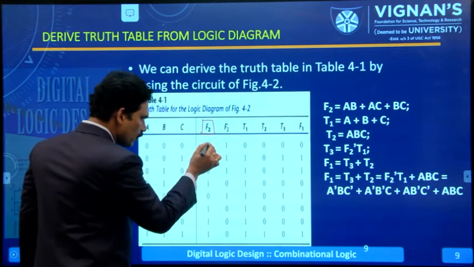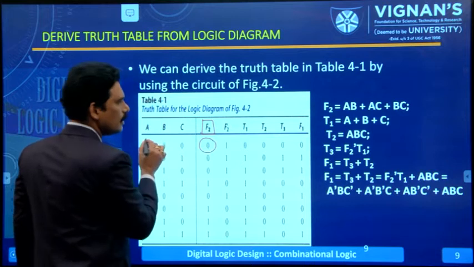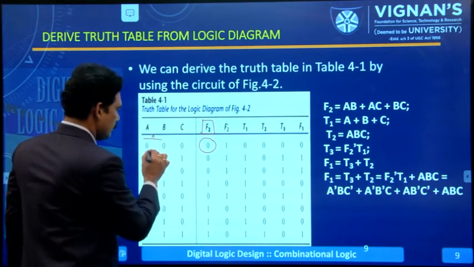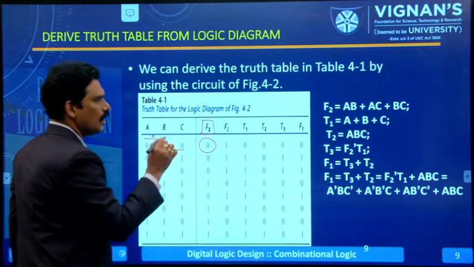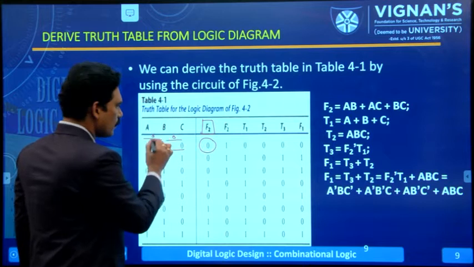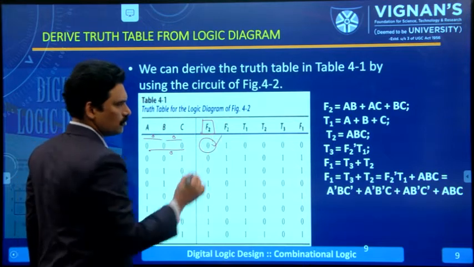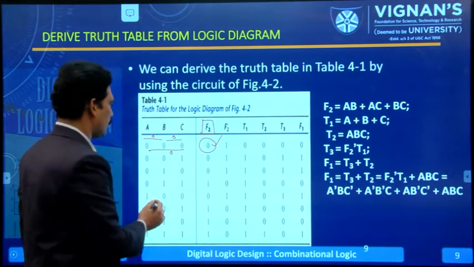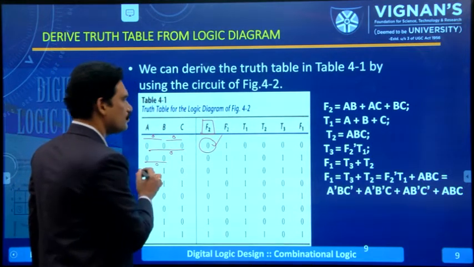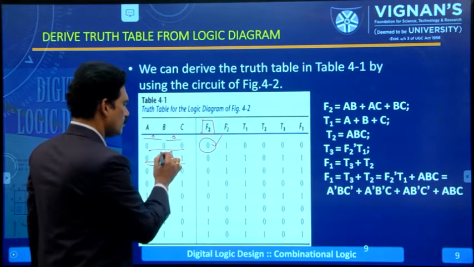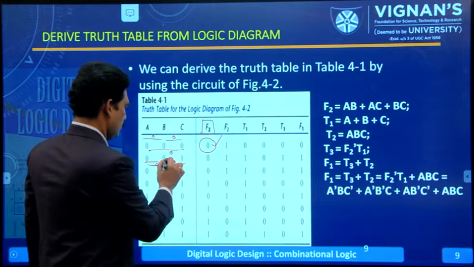First, consider this one. How are we getting this? AB is 0, AC is 0, and BC is 0. So, 0 plus 0 plus 0 we get 0. Next, consider another example: AB 0, AC 0 and BC 0 only.